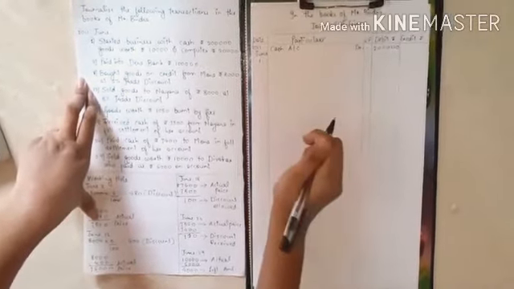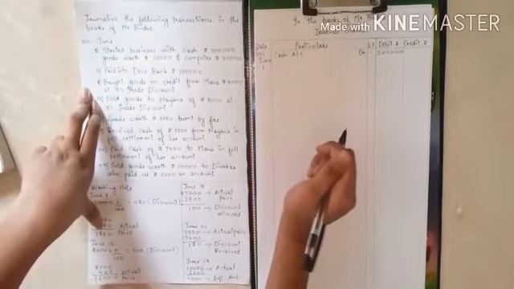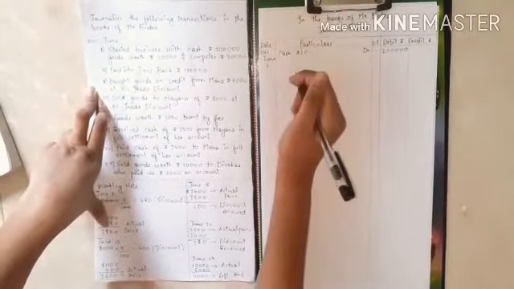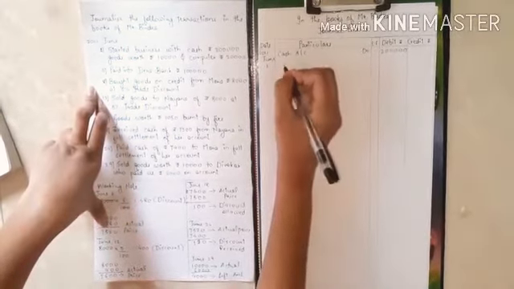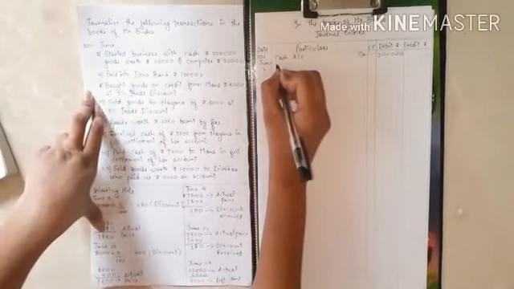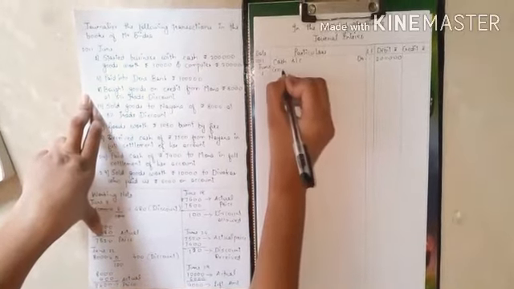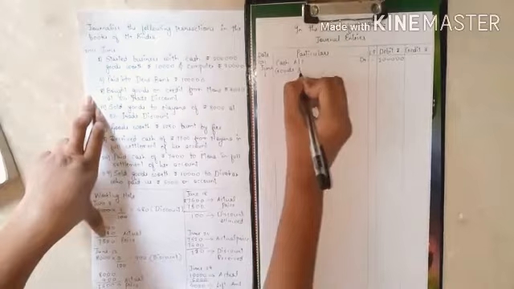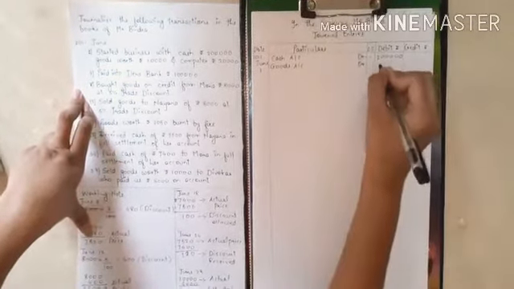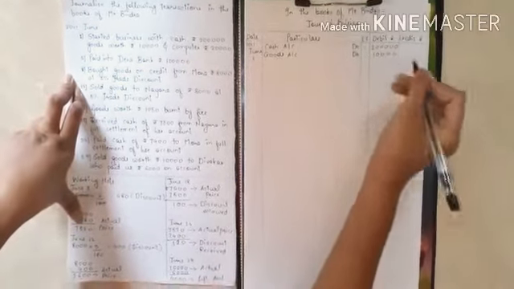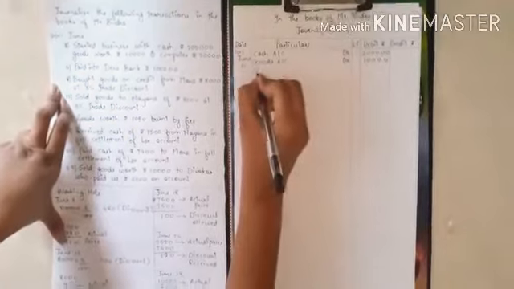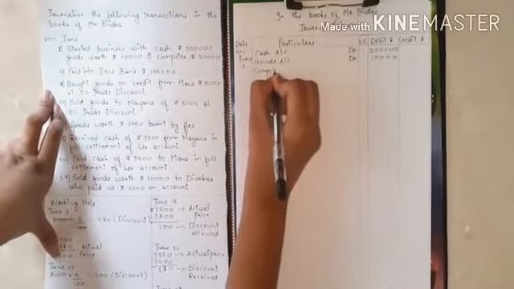But also he has started business with goods worth rupees 10,000. So goods are also going to get the debit effect because debit what comes in is the rule for it. Real accounts rule. Goods account rupees 10,000. And also with computer. So computer account also debit.